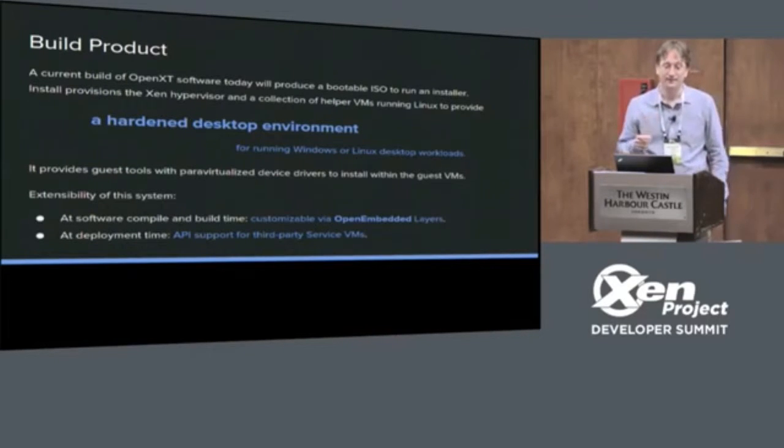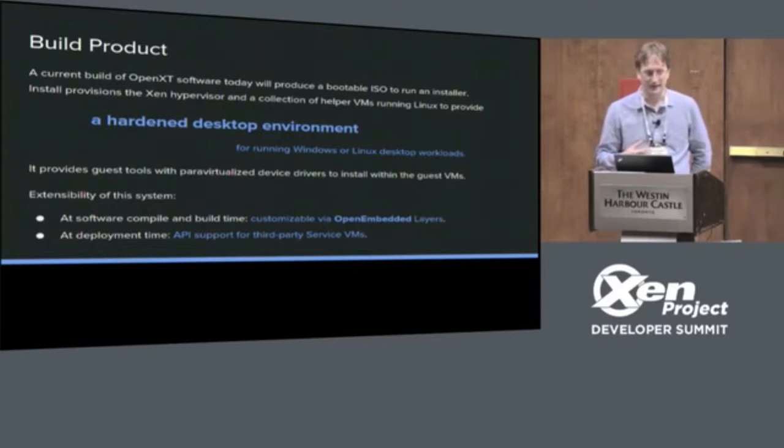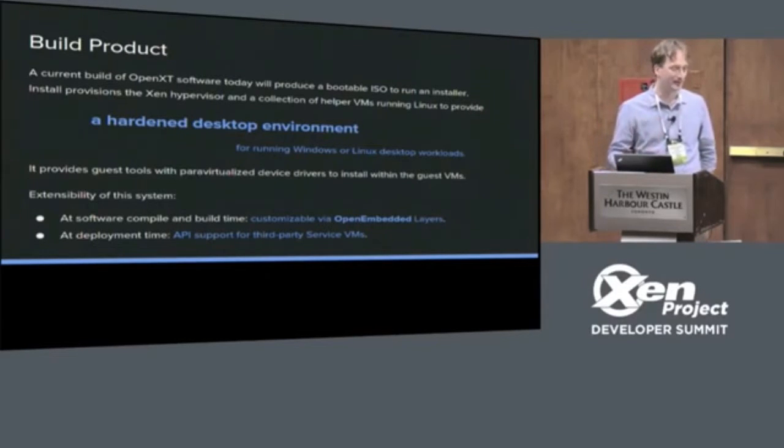So the current build product you get, if you were to go and grab the OpenXT source code and build it today and try and make use of it, what would you end up with? You end up with an installable ISO that you can boot. It will plonk the OpenXT bits onto your machine, and that will leave you with a desktop environment that you can install Linux, Windows, guest VMs on.